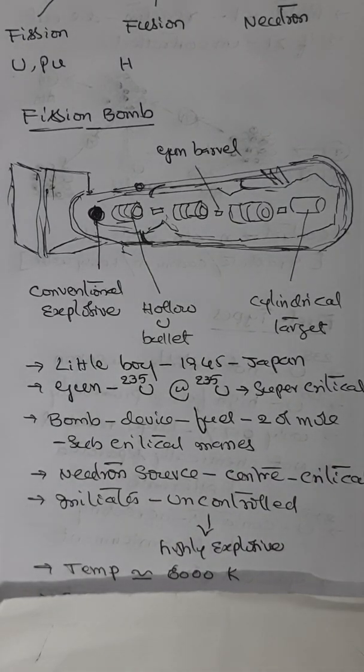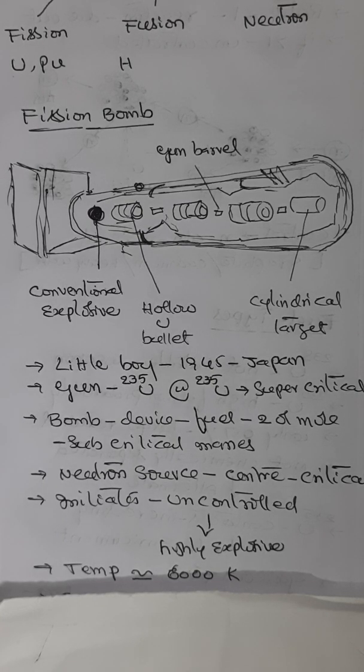So two or more separate subcritical masses are used where the fuel is kept. These are brought very close to form a critical mass, which is an essential condition for the fission reaction to take place. This is achieved just before exploding the device, either by mechanical or by some small chemical explosion mechanism.